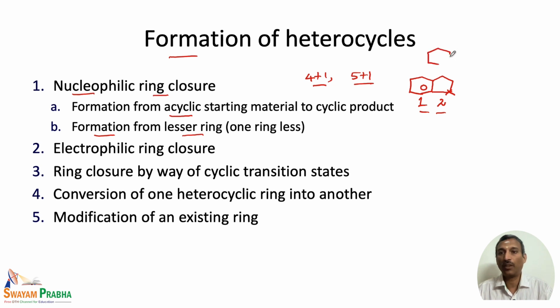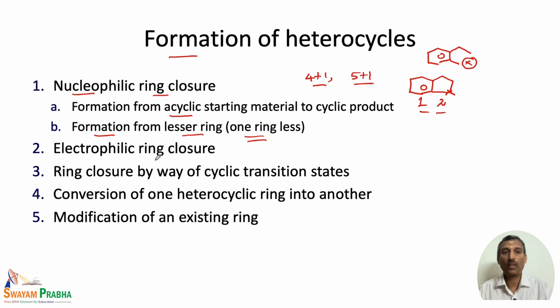Say for example, we can start from the aromatic system and add this heteroatom, and with this we form the cyclized ring. So that is another example in which a bicyclic ring is formed from a monocyclic ring. This is another example of a nucleophilic ring closure.